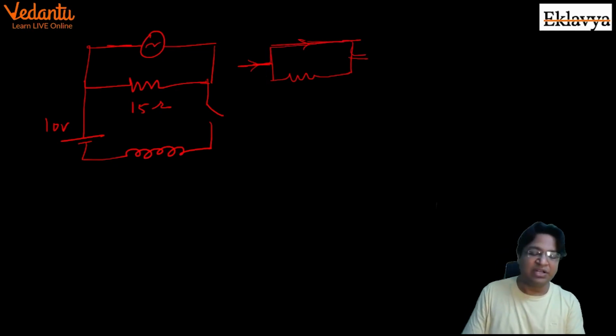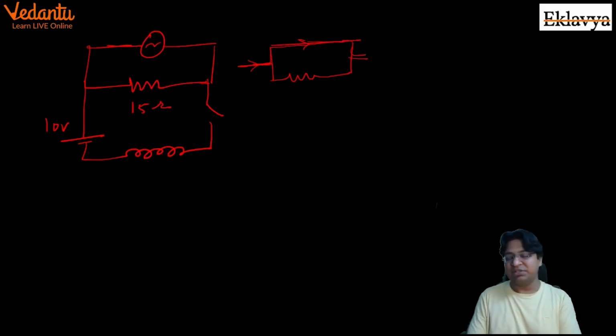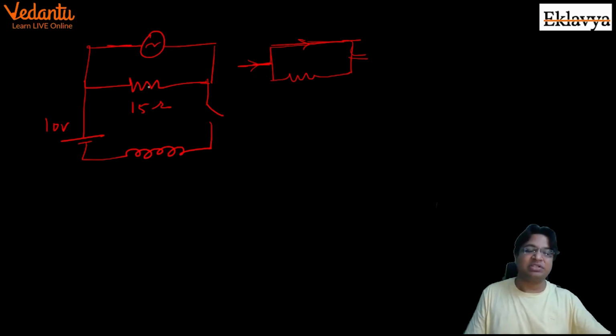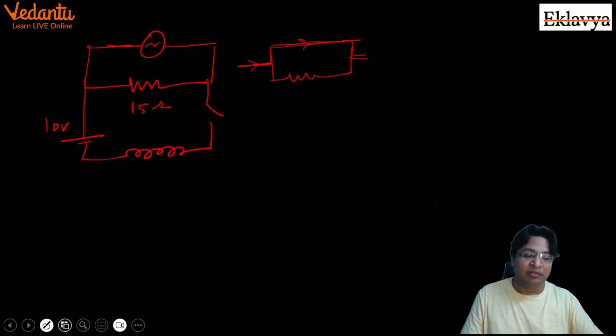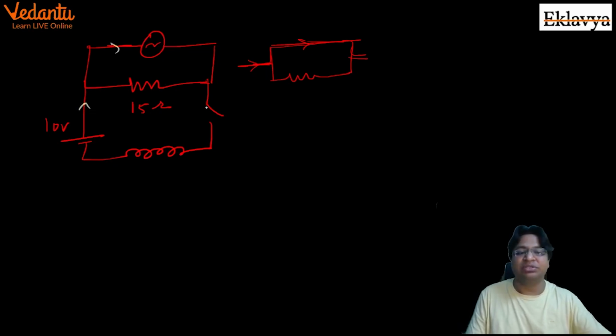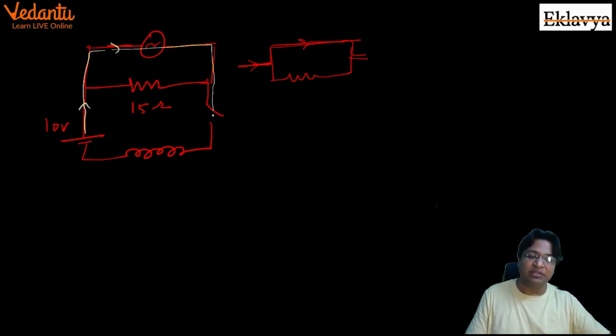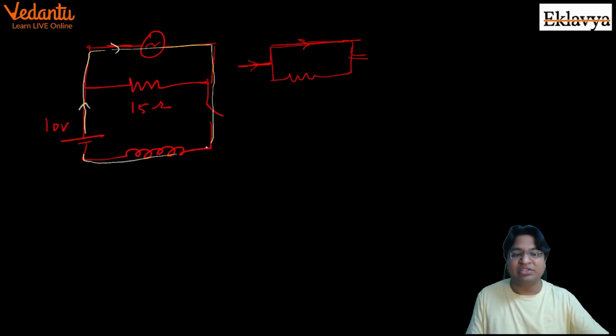So on one side you have zero resistance, on the other side you have some resistance. So basically by putting this resistance, we have ensured that whatever current is there in this wire, it always goes through this. It never passes through 15 ohm. All right. So in this circuit, the current will always pass like this once the circuit is complete, which basically tells us that we have a zero resistance path.